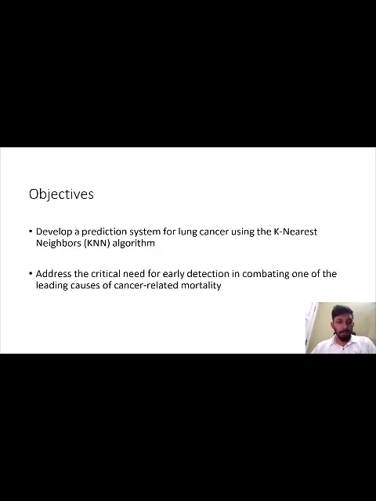Objectives: developing a prediction system for lung cancer using the K nearest neighbors algorithm, and addressing the critical need for early detection in combating one of the leading causes of cancer related mortality.